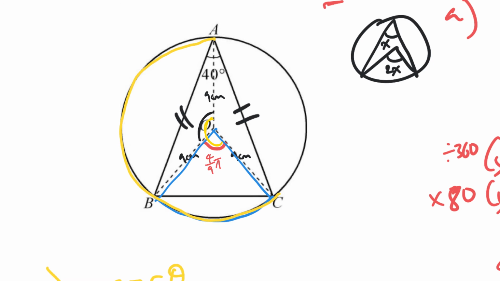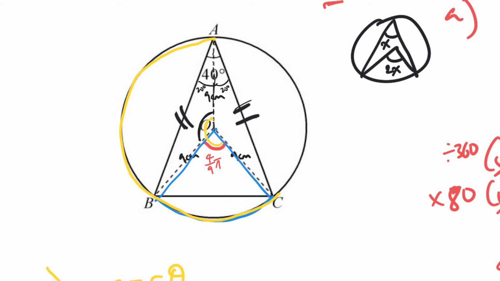Can I find this angle? Well, I see that this is an isosceles triangle, and that means this radius here splits this 40 degrees into two. So this is 20 degrees, this is 20 degrees, and since this is a radius, this is also a radius, so this triangle is also an isosceles triangle, right? 9 cm, 9 cm.